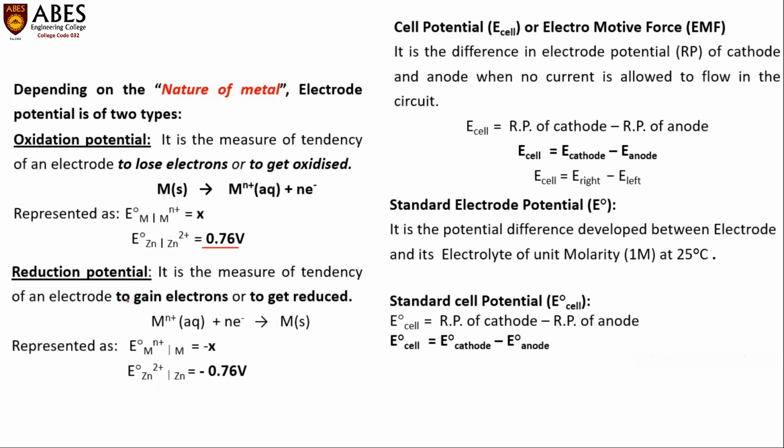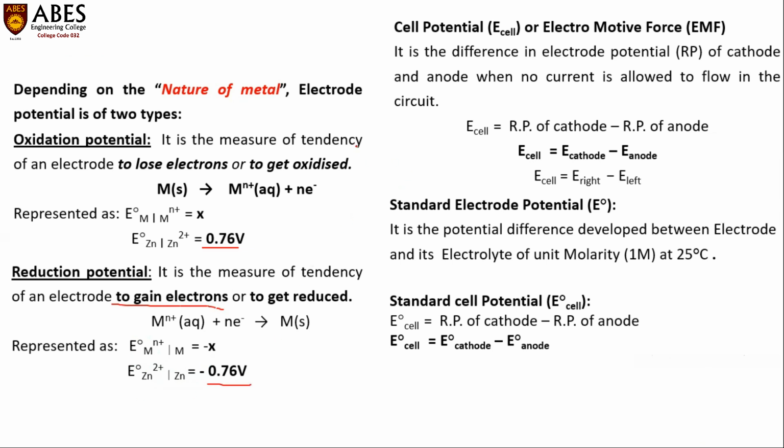Reduction potential is the potential that arises after gaining of electrons, meaning Zn2+ accepts 2 electrons and converts into zinc, and the potential that arises is known as reduction potential.